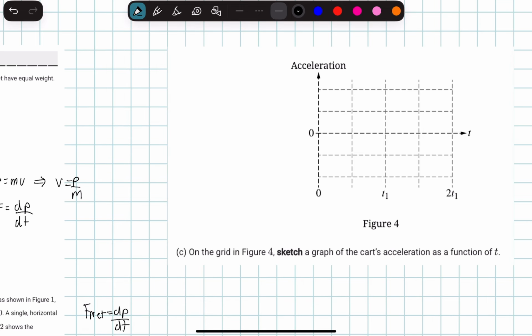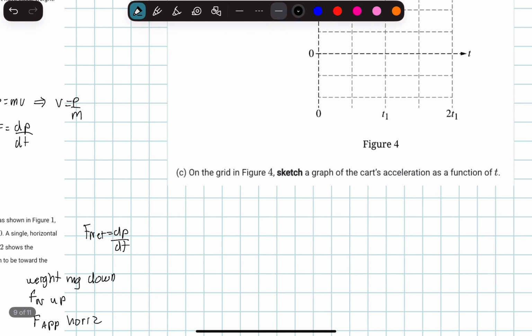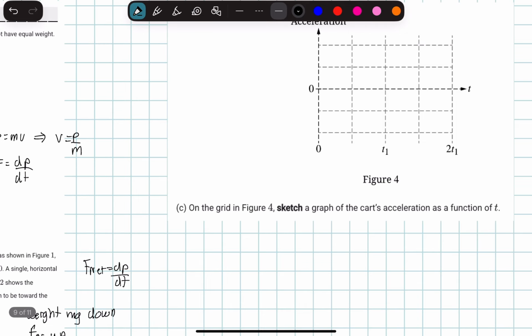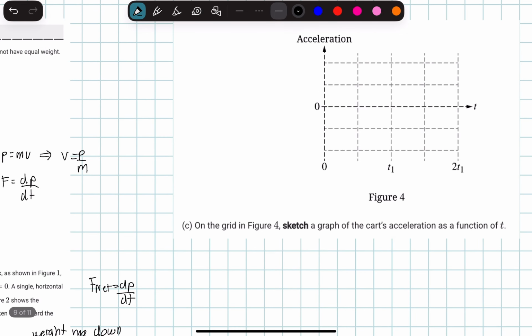Okay. On the grid in figure 4, sketch a graph of the cart's acceleration as a function of t. So, starting from the definition, we're given momentum versus time, not acceleration, right? So we know we have the relationship of the derivative dp/dt. So then we can use Newton's second law, and that's going to be a is equal to f net over m.